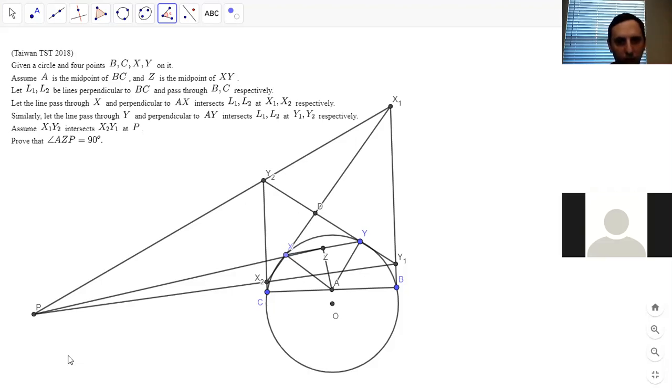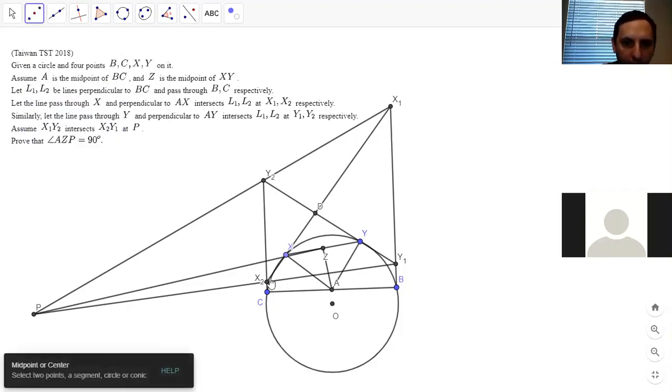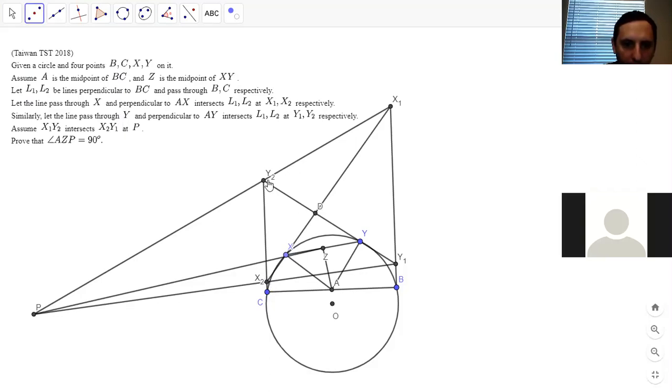PD passes through two midpoints. May be useful. Ah, good point, I didn't think about that. PD passes through the midpoints of X2Y2 and X1Y1.